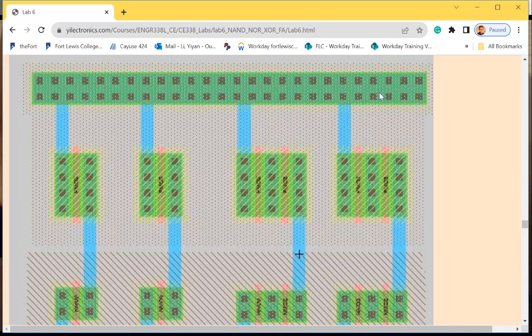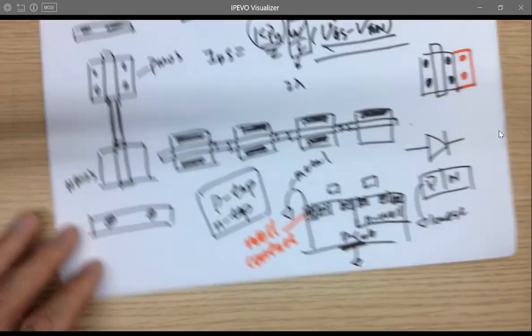You know what I mean? I drew a rectangle here to connect them. It's a pure well layer. So if I don't do that, what's going to happen? In a cross-sectional view, what's going to happen?